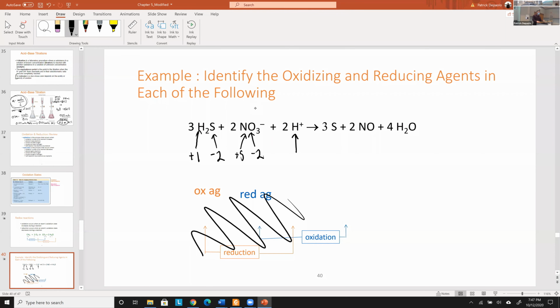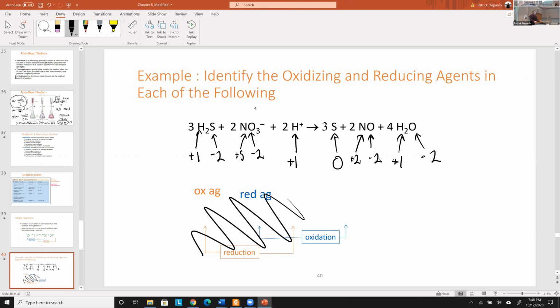This is H+, therefore the oxidation number would be +1. But if you look at S on the right side, this is elemental form, but there's no charge, therefore it's 0. Then we have NO, where oxygen's -2. What would this nitrogen be? Good, +2. And then we have two things we know and love, H and O.